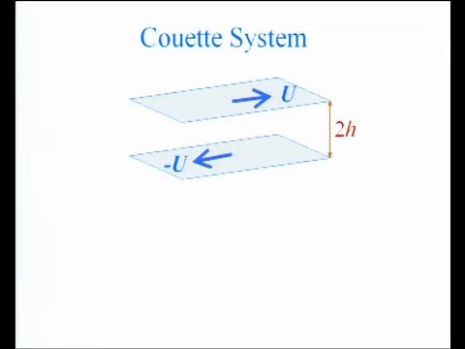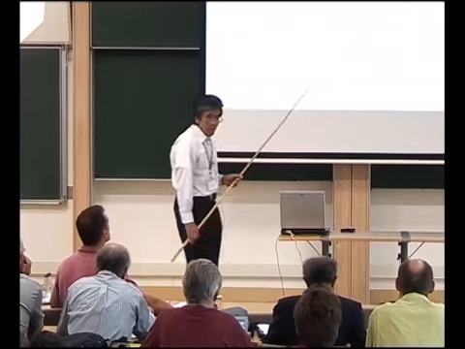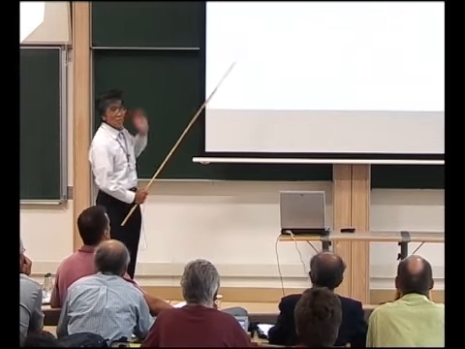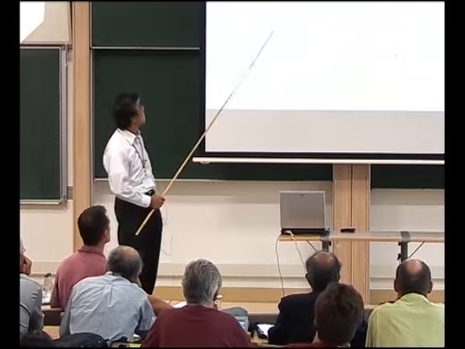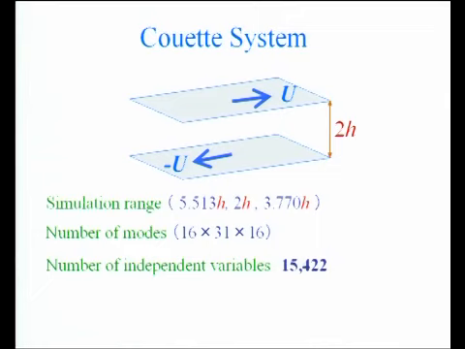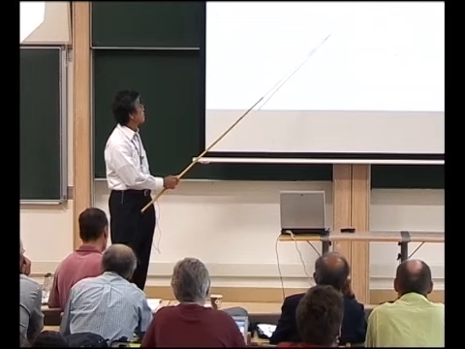We consider the flow between two parallel plates which move along themselves. We consider a very small box, the flow in a small box called a minimal box, of this size.